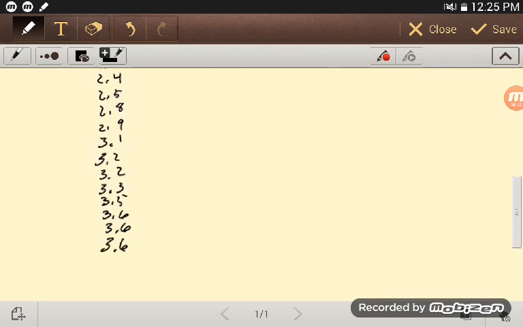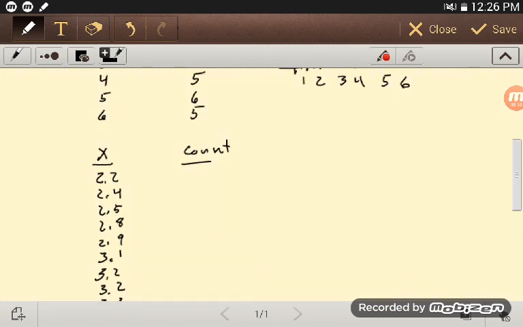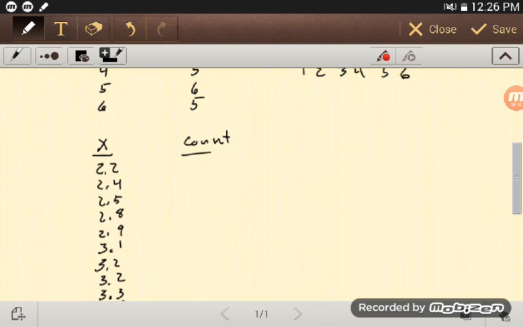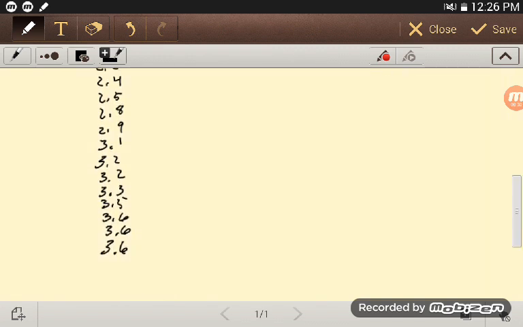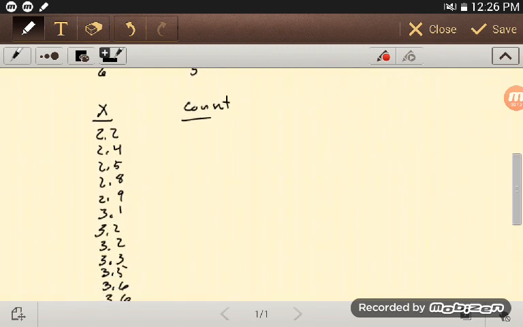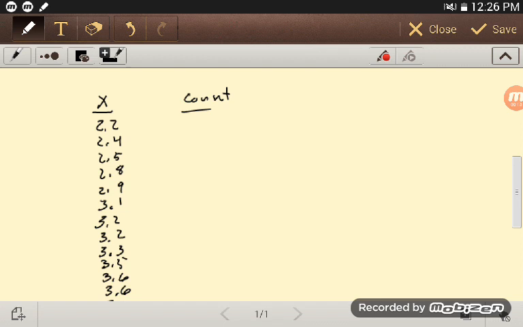I don't know how many numbers I have here. 1, 2, 3, 4, 5, 6, down to the 3.1, 7, 8, 9, 10, 11, 12, 13. I'll do a couple more: 3.7, 3.8. Now, if I were to do a count here, most of these would just have a count of 1. And that wouldn't do much good.